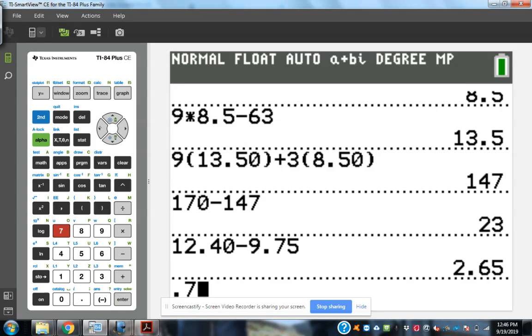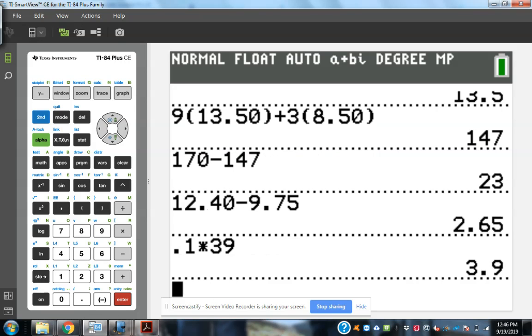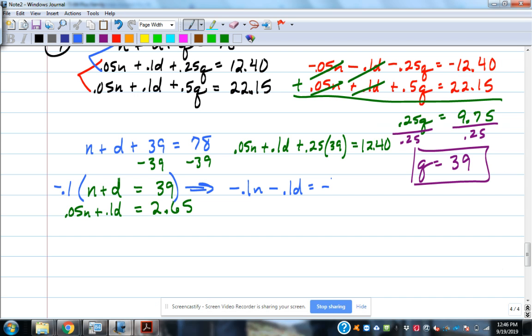0.1 times 39 is 3.9. And then this is 0.05n plus 0.1 dimes, 2.65. When I add those two together, the dimes cancel out, and I get negative 0.05n.